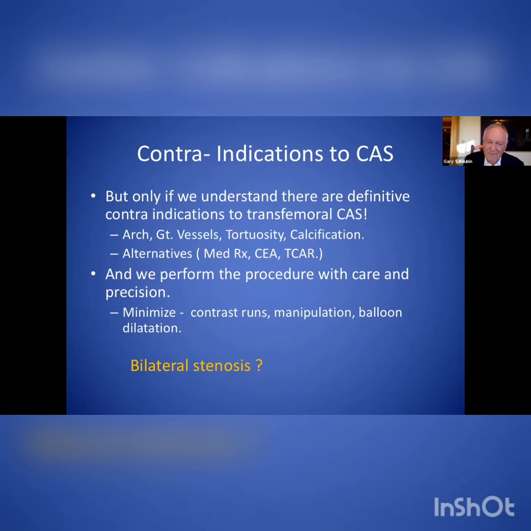And I think we always have to consider the patient first. Think about the arch, the great vessels, tortuosity and calcification, as Klaus has already mentioned. And we must remember that medical therapy has improved, even for symptomatic patients. Endarterectomy is still a great option. And for patients with bad arches, we still have TCAR.